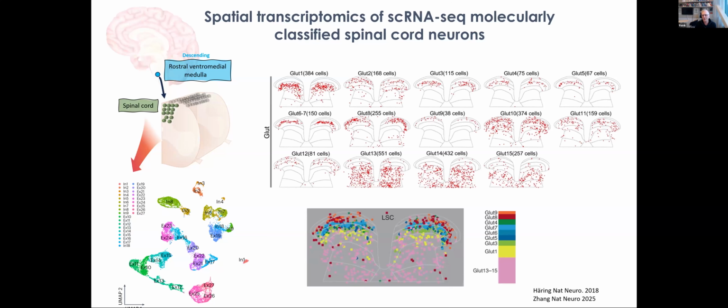Basically, the spinal cord is built by a layering of molecularly defined excitatory neurons, because primary afferents terminate in specific laminae, and that termination is reflected by the presence of molecularly defined excitatory neurons in the spinal cord.